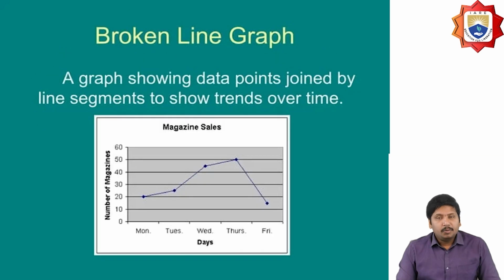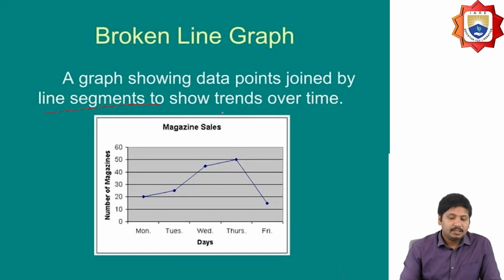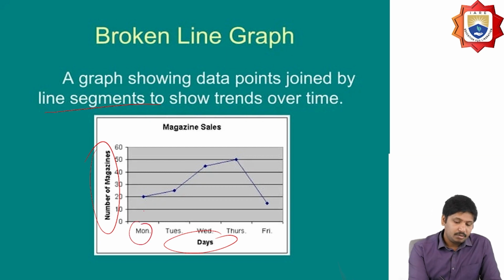Next one is the broken line graph. In this graph, the data points are joined by line segments to show trends over time. I take the number of days on the x-axis and the number of magazines on the y-axis. On the first day the number of magazines is around 20, on Tuesday it is 25, on Wednesday it is 45, and on Thursday it is 50.